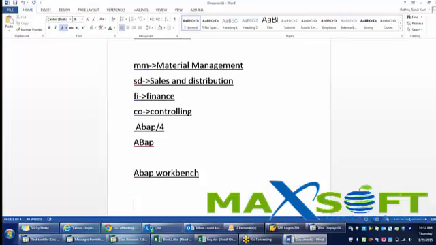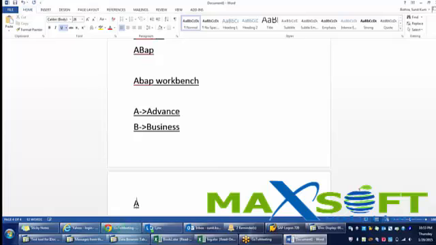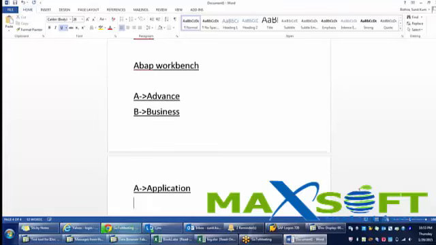In ABAP, A stands for Advanced, B for Business, the next A for Application, P for Programming: Advanced Business Application Programming language.